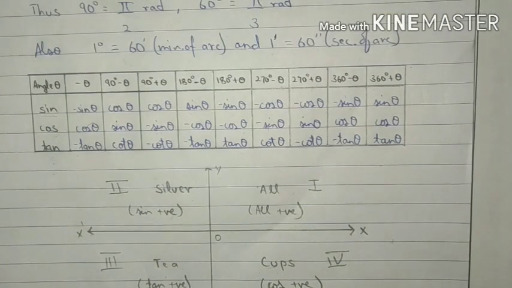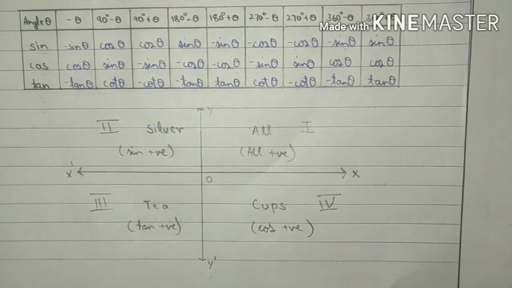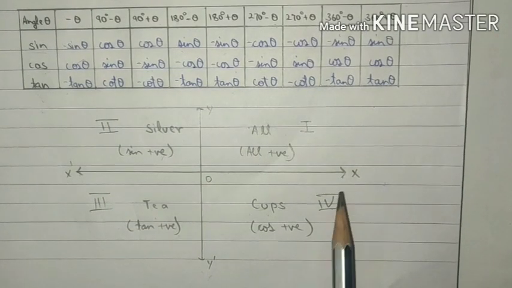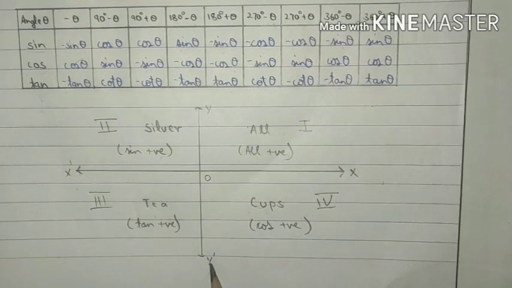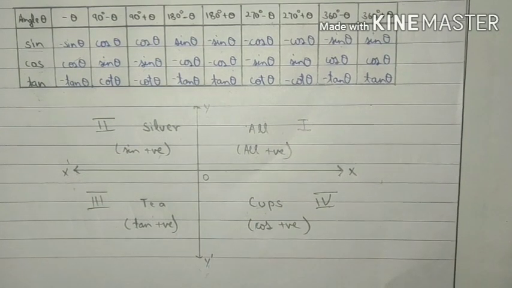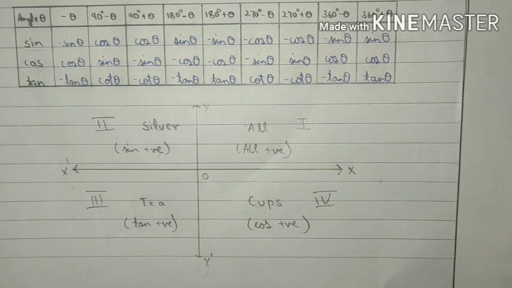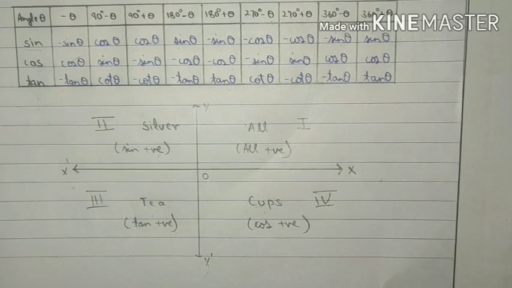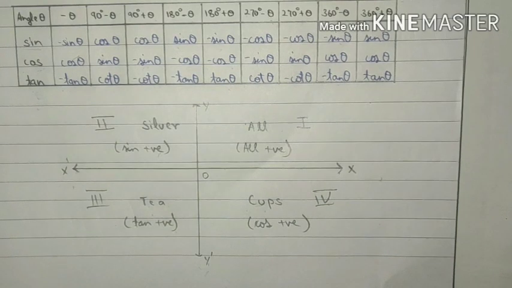I would like to draw your attention towards a graph in which you can observe positive x-axis, negative x-axis, positive y-axis, negative y-axis, origin. Now, mostly whenever we measure any angle, we measure it with respect to the positive x-axis. So what do we observe over here?